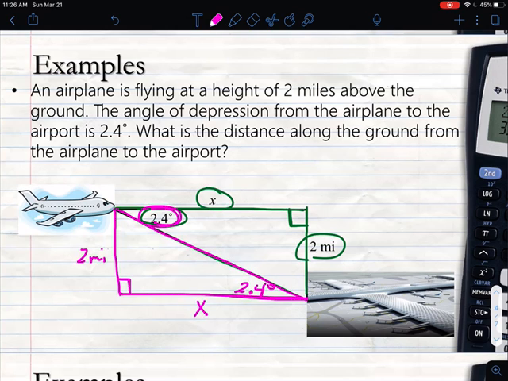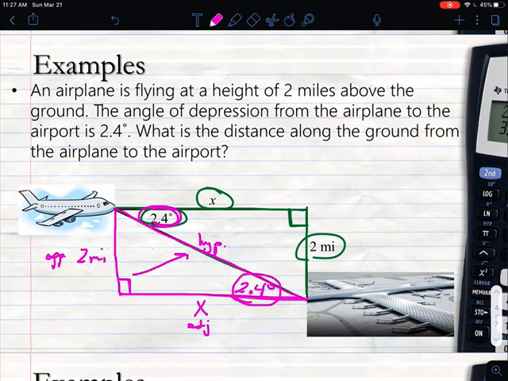And so now as far as labeling, the 2 miles and the x are easier to find in the picture. All I have to remember is we always use the bottom angle in the triangle. So whether they say elevation or depression, we always use the bottom angle in our triangle. And so now if I label my pieces, across from the right angle is my hypotenuse, across from my angle is the opposite leg, next to my angle is the adjacent leg.